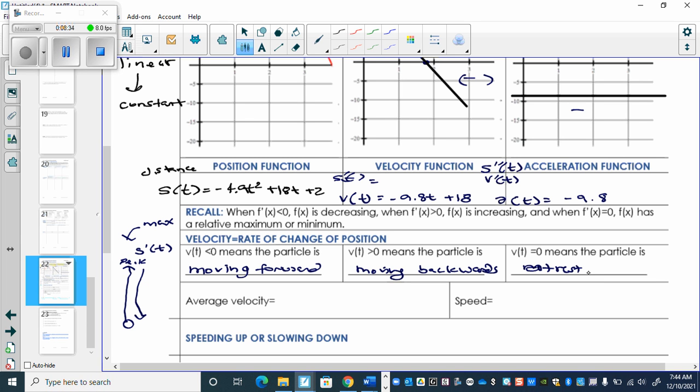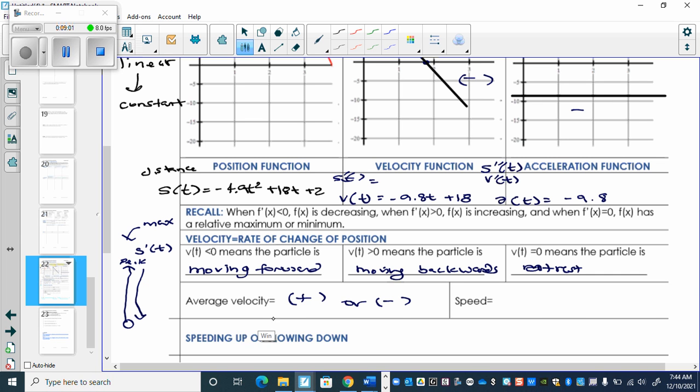And then it comes back down and it speeds back down, uses the gravity of the earth. If that makes sense to you, it should make sense. I hope it makes sense to you. Anyways, average velocity is either positive or it's negative.